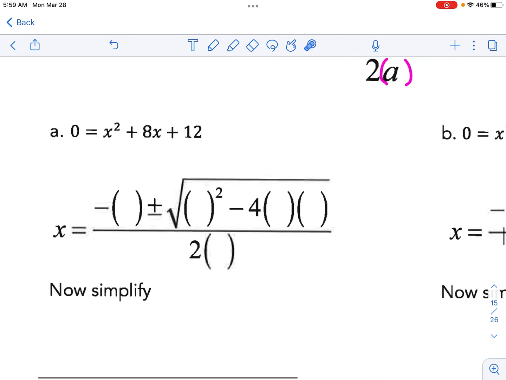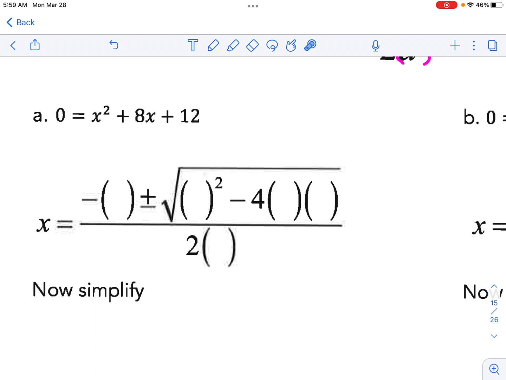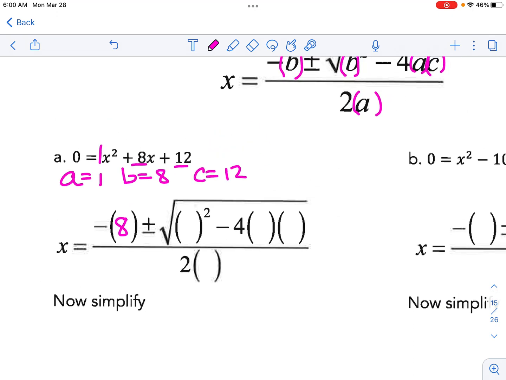Okay, so let's look at this first one, A, and I'd like to identify it. So I like to identify A and B and C. So A is 1, and B is 8, and C is 12. And so we're going to put 8 in here. So we have the opposite.